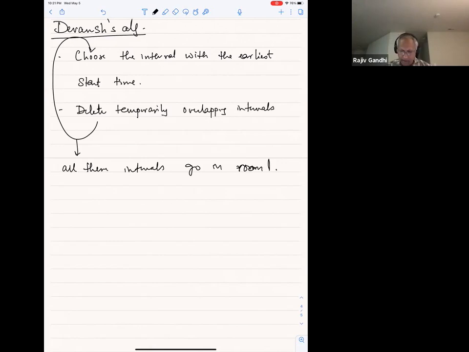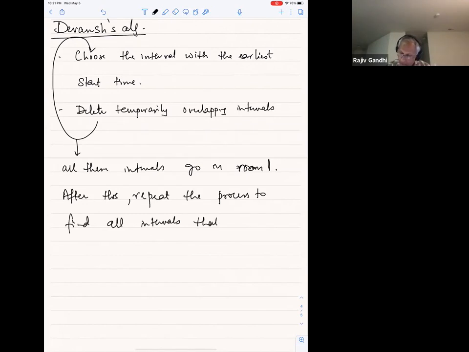And then after this, repeat the process to find all intervals that go in room 2. And so on. Continue that.